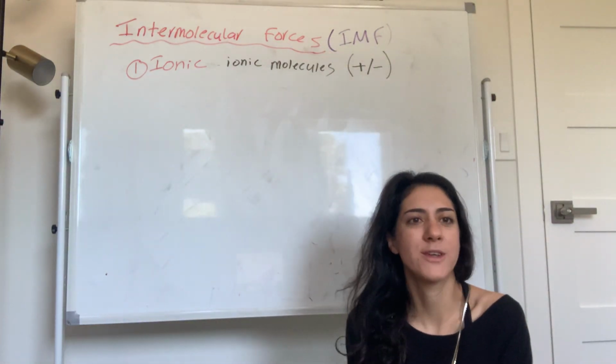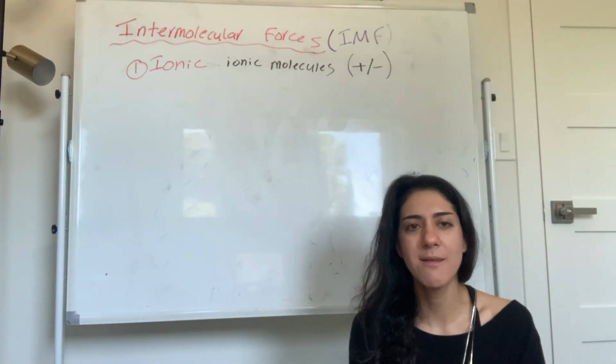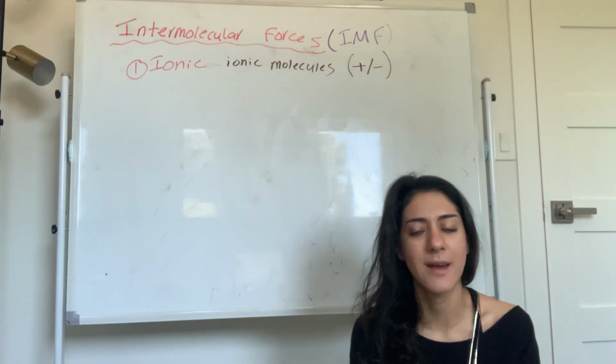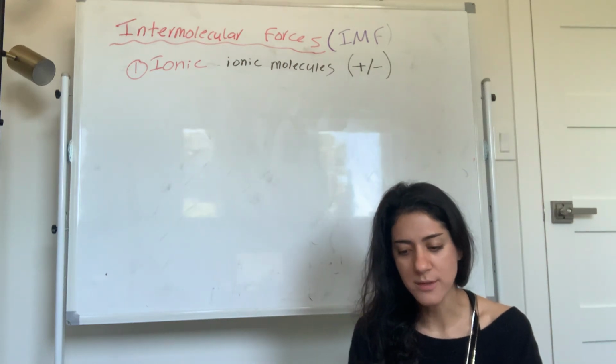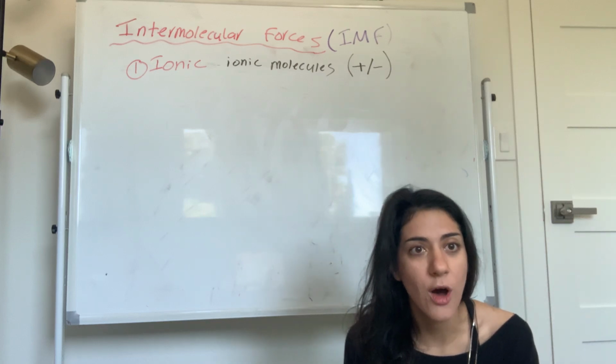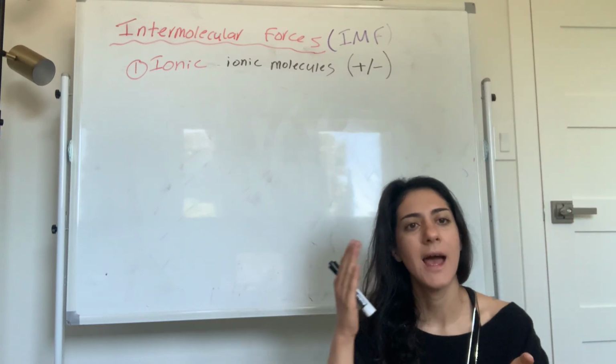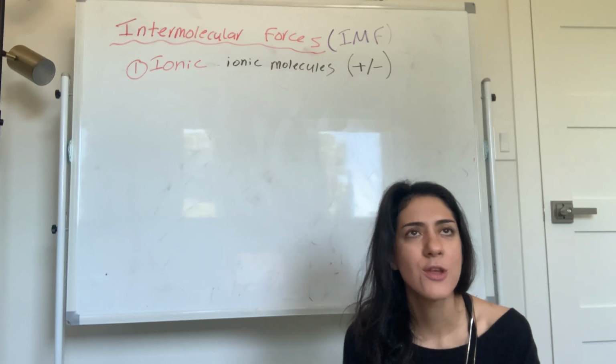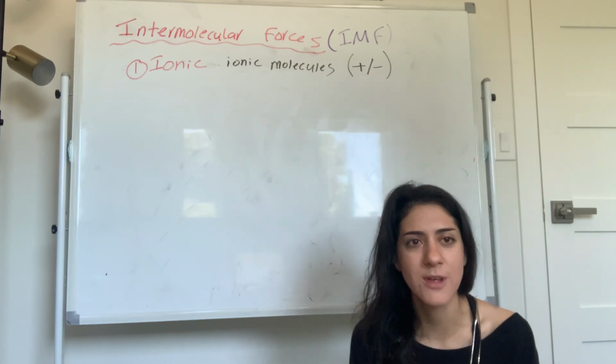Now, here's a question for you. Let's say you grab a bag of salt. What is salt? NaCl, right? NaCl is an ionic compound because you have a metal and a non-metal together. When you grab a bag of salt, you don't just have one or two in it.